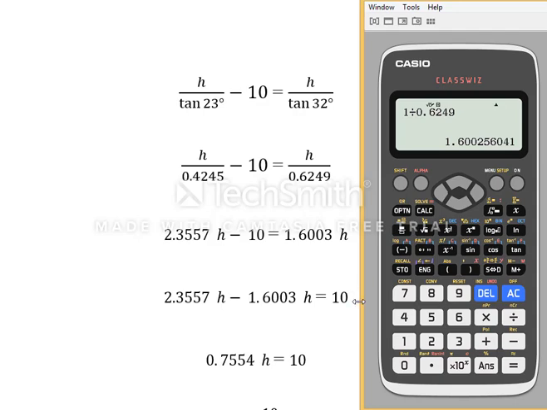So the rest is just simplification. Now bring this value over here and bring this minus 10 to the other side of the equation. After simplifying these values, it will become 0.7554h is equal to 10.